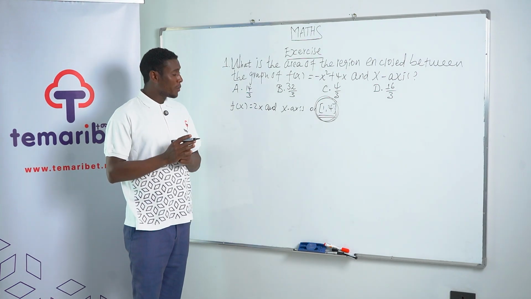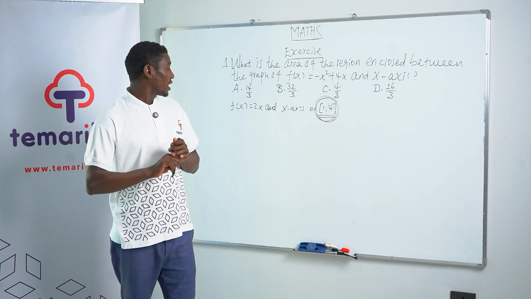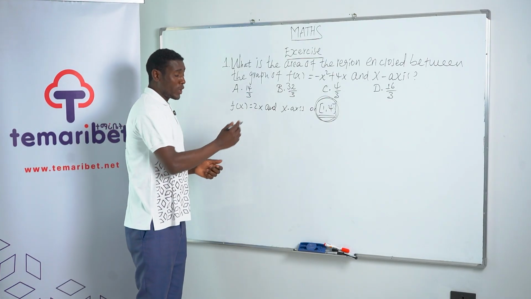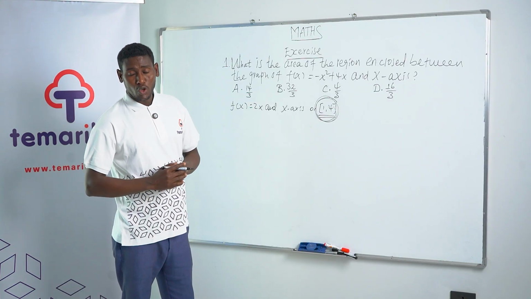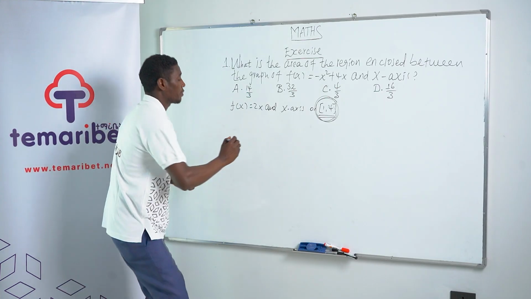So the first step is to determine or remember the graphs of different types of functions, or the behavior of different types of graphs. f of x equals x means y equals x. That is an increasing function with a slope of 2 and that passes through the origin.